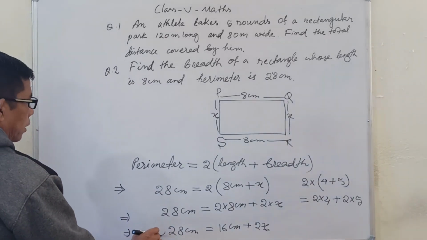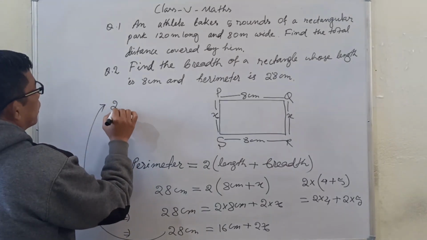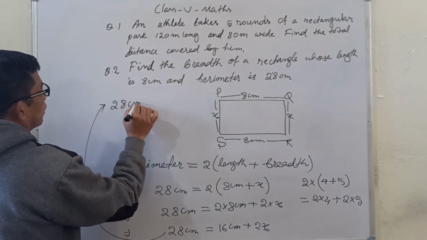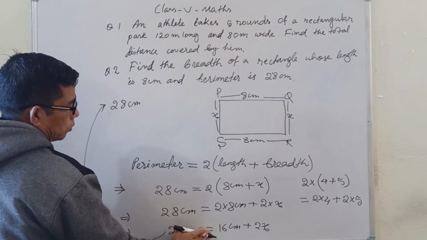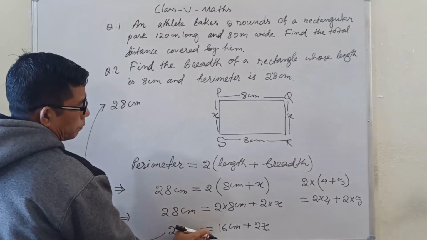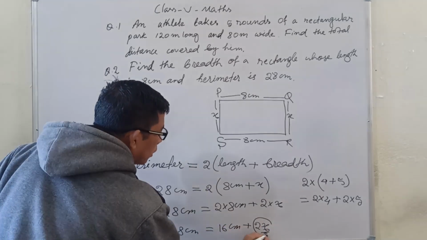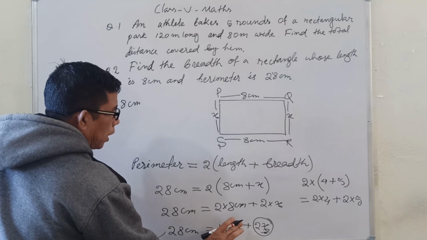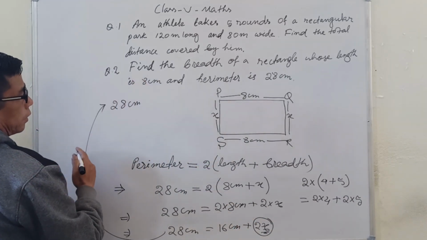Let's come here. 28 centimeter is already on the left hand side of the equal to. Then what we want to find is x. So this one we keep unchanged on the right side of the equal to, and this one you bring to the left side.